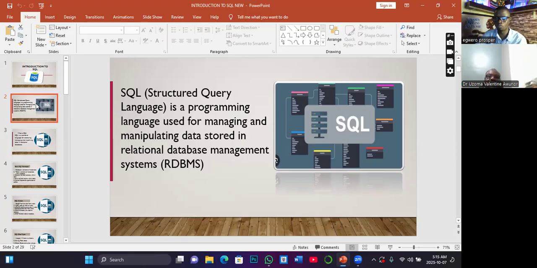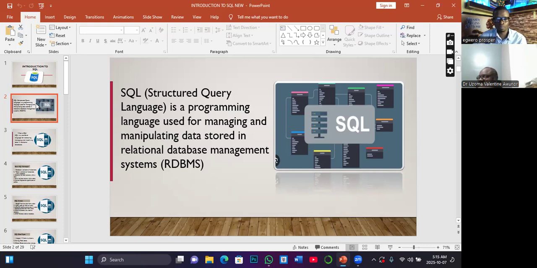And as we all know, most of our data reside within a database. Which means that as a data analyst, you should be able to understand the data query language, which is SQL. So let's start with the definition.